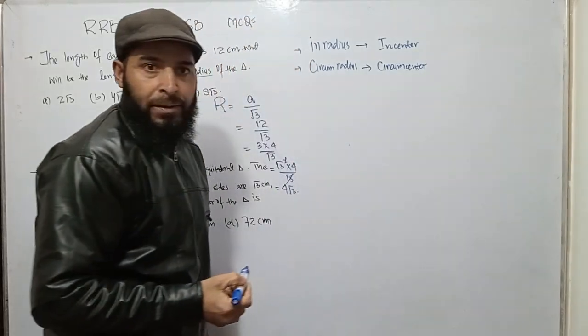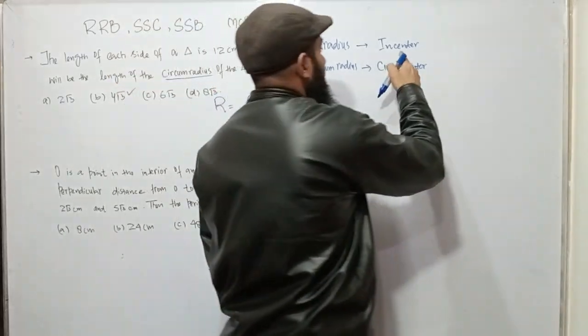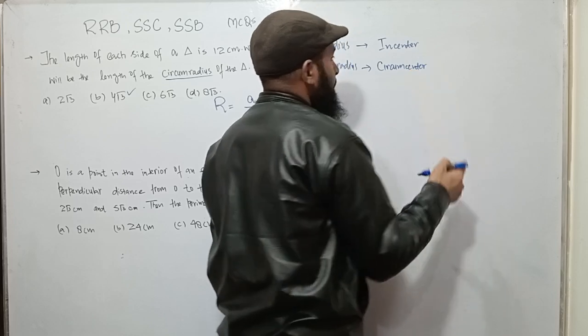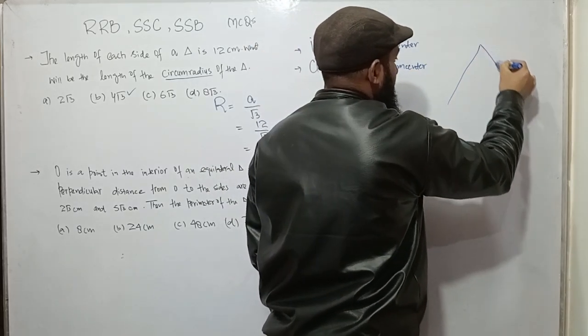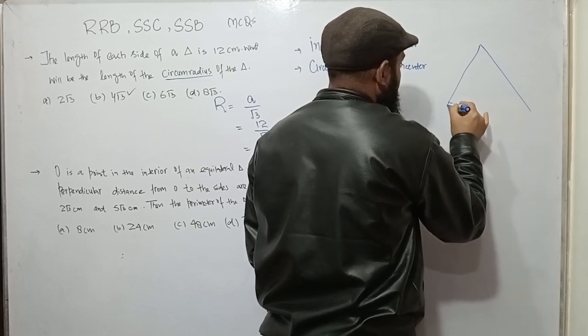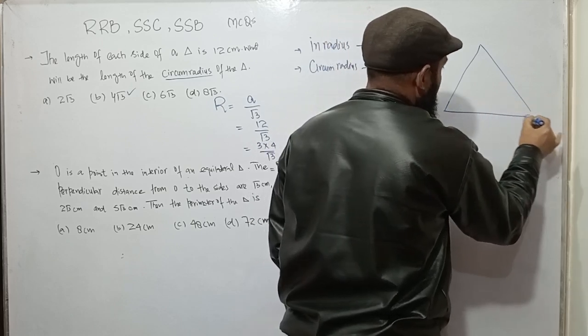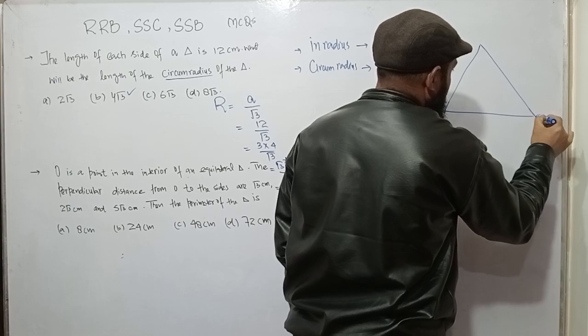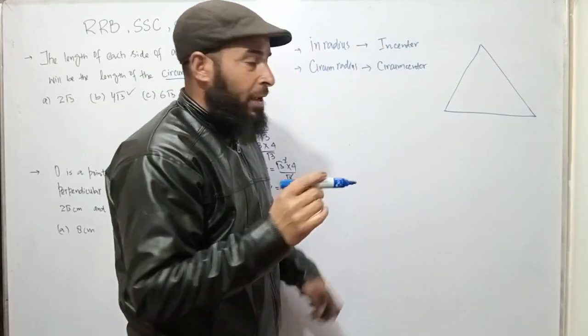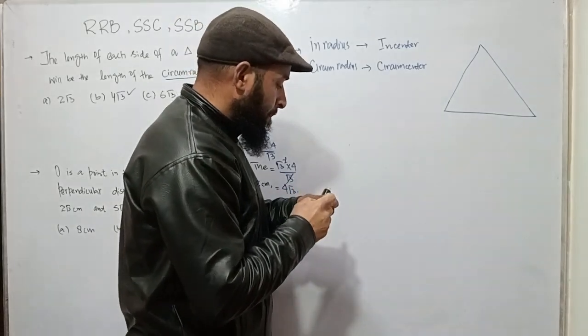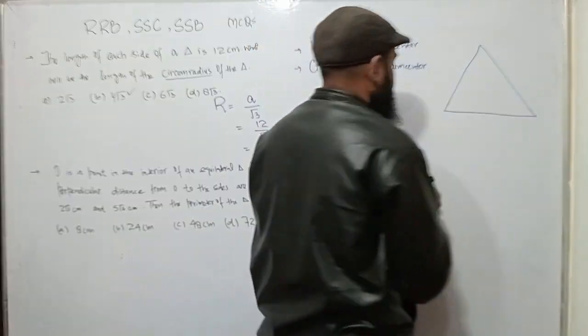Now see, this incenter is the point of intersection of the angle bisectors.